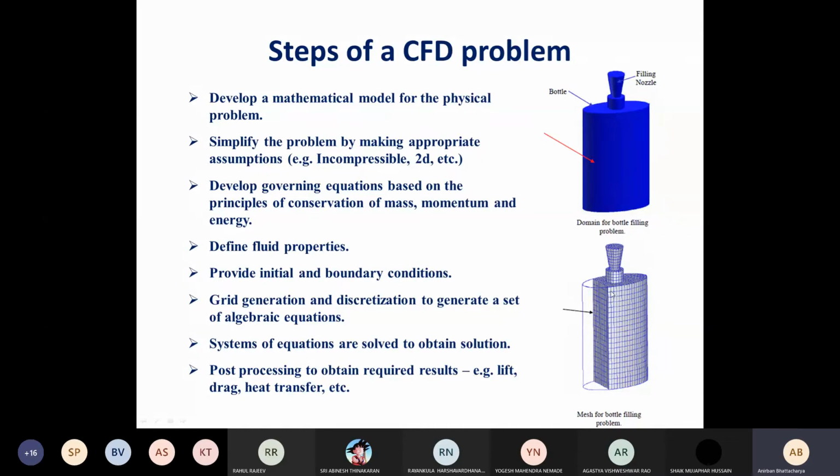But here we can just summarize that we will convert these governing equations into a set of algebraic equations for each control volume. Okay, so if there are 100 or 1000 divisions here, we will have 5 algebraic equations for each control volume. So 1000 into 5, 5000 algebraic equations will be present for the entire set.